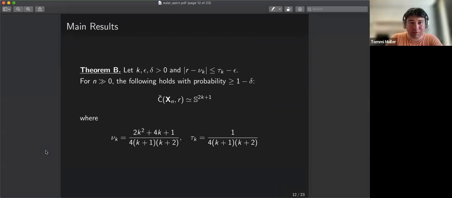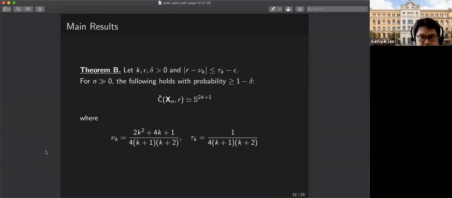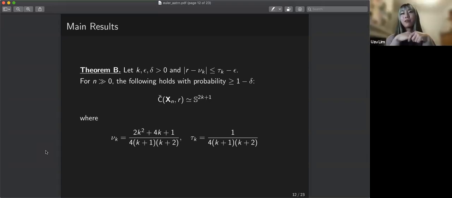Okay, thank you. Then what happens if delta goes to 0? So whatever tiny delta you supply, we can find large n such that it is happening. You can take delta as small as you want, but the smaller the delta, the larger the n you need in order to make the probability be at least 99.999% and so on.